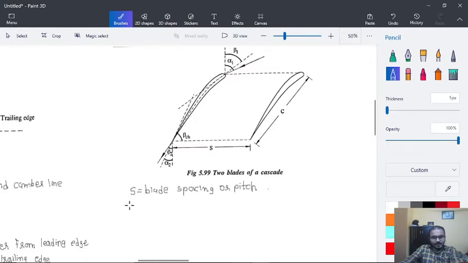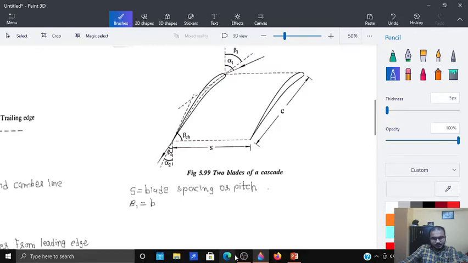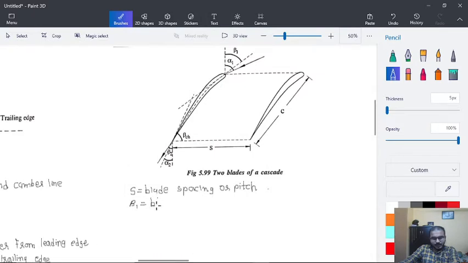Then we have beta 1, that is the blade angle at inlet.